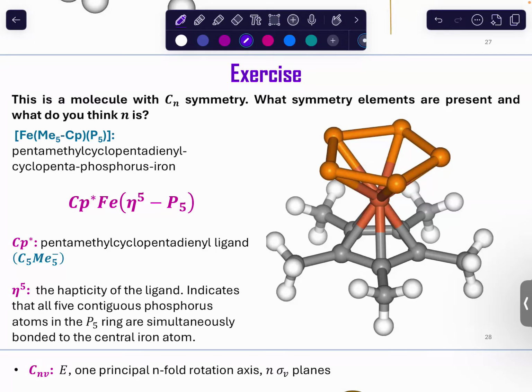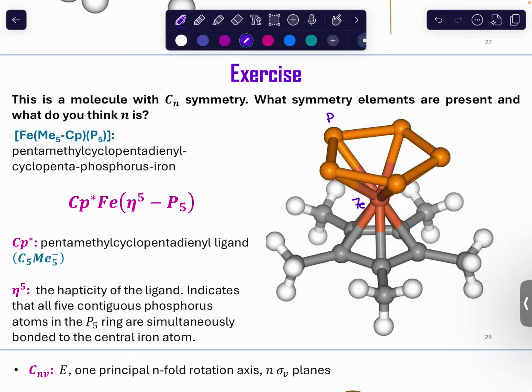Cyclopentadienyl. So that'd be that 5-membered carbon ring in the center. So of course, then it's also a 5 haptic part of the molecule, because you see how they're all simultaneously bonded to the iron in the center. The iron is right there, either phosphorus.